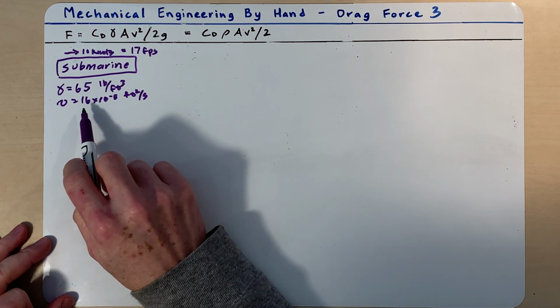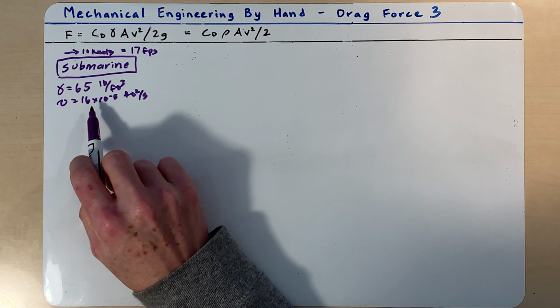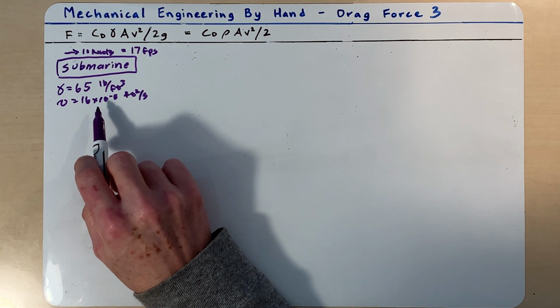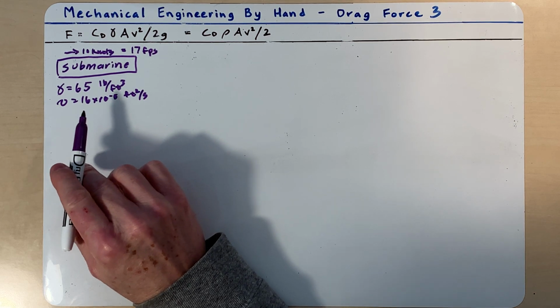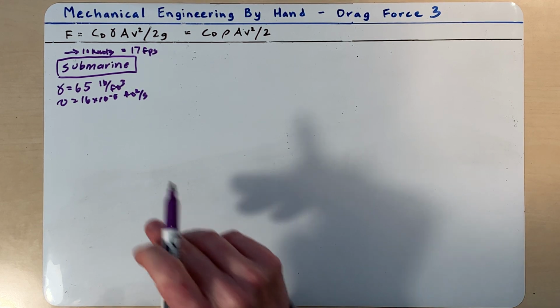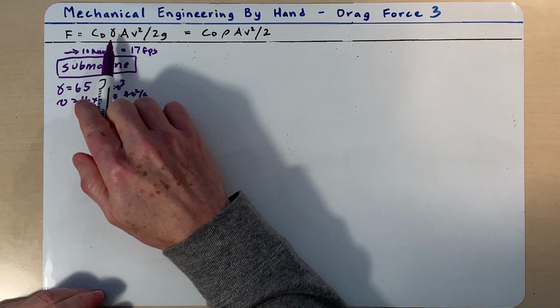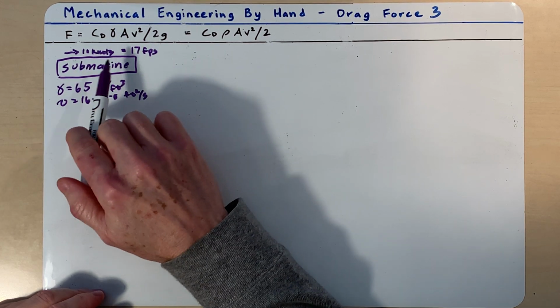Now this coincidentally is the same as air at standard conditions, so I don't think there's any meaning behind that. It's just a coincidence, but it does give us an easy comparison of the force from wind drag, or drag force from air, and drag force from water, because it would just be a ratio of the specific weights, all other things being equal.